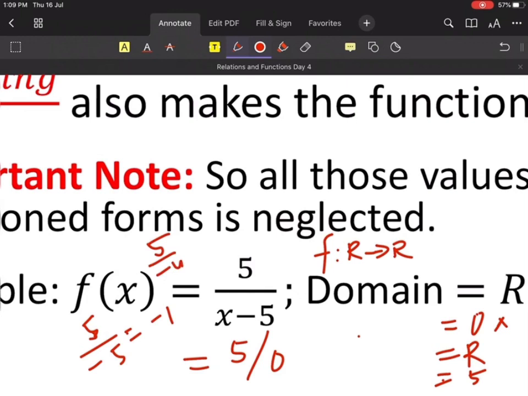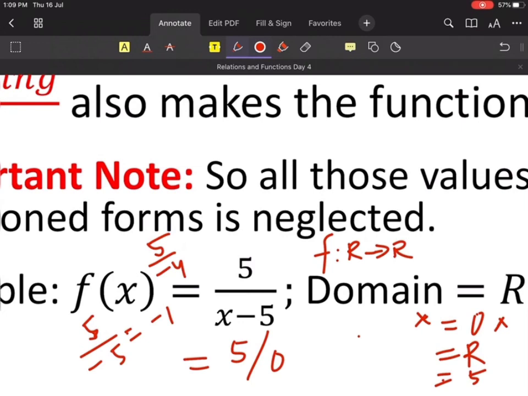Now if I put 1 in here, I get 5 by -4, that is also defined. If I put 2 or 3 in here, that is also defined. So 0 is a wrong answer.